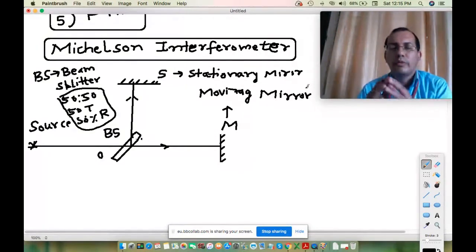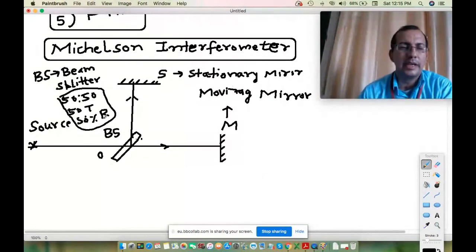So what we mean is that the incident light beam is split into two parts with the help of the beam splitter, which can transmit 50% of the light to this movable mirror, and the second one is the stationary mirror. So the ray of light will be reflected back from here, and it will come over there.